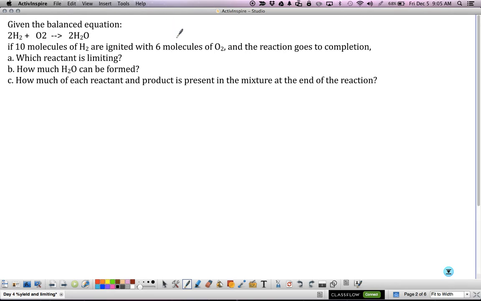If you're given information about both reactants, that's an indicator that you're doing a limiting reactant problem. This is a very typical layout for the limiting reactant problem, as much as I don't love this. You'll be asked which reactant is limiting, and then you'll be asked how much H2O can be formed.